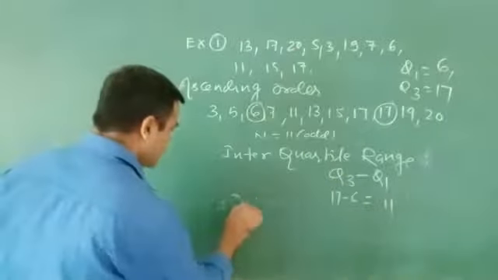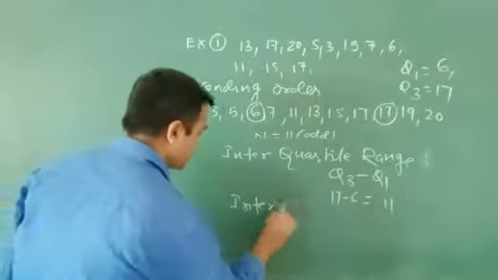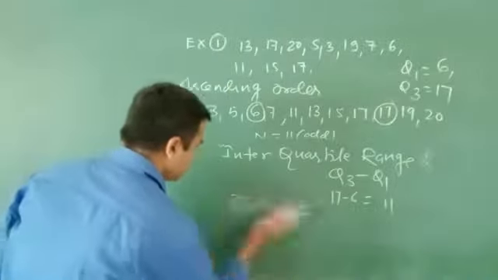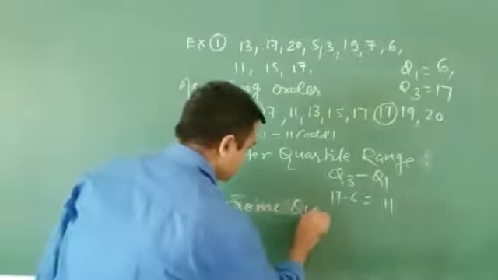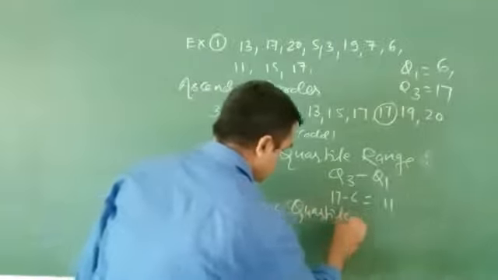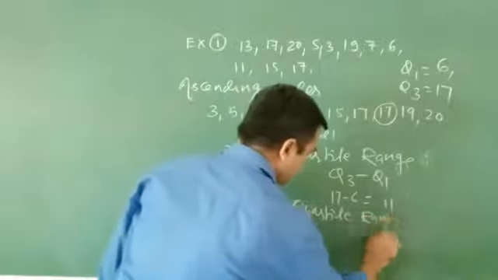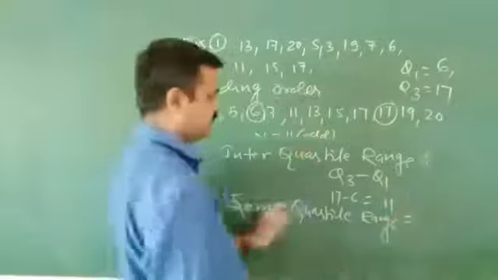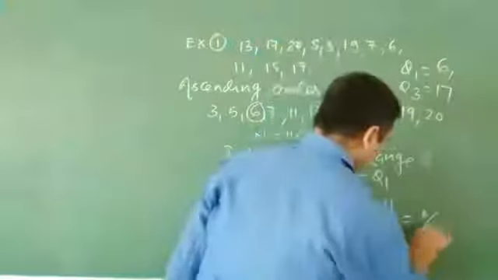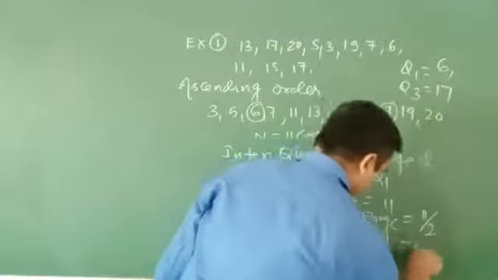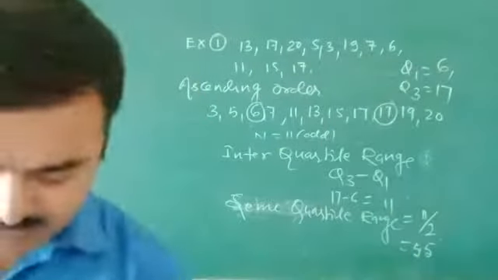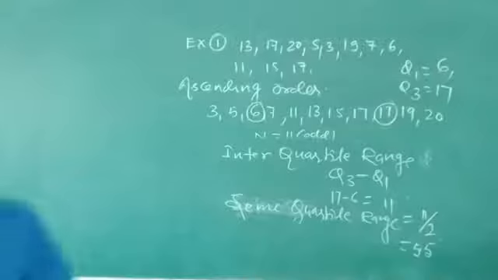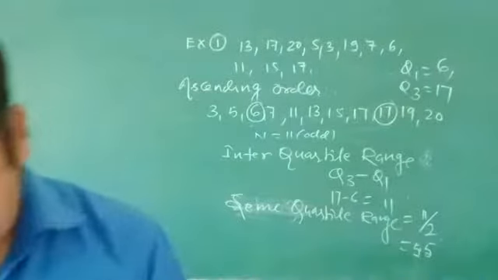And semi-quartile range equal 11 by 2, 5.5. So this is the interquartile range and semi-quartile range.